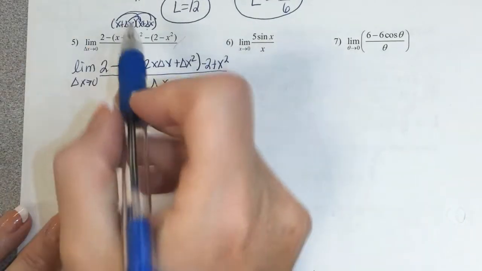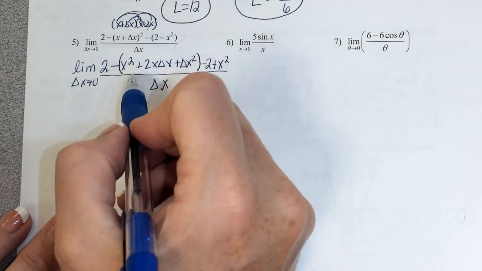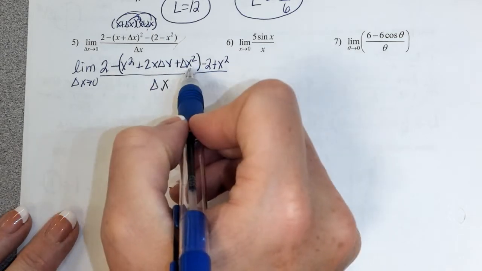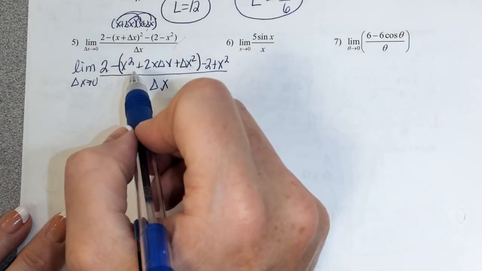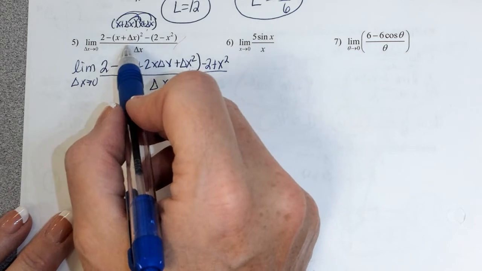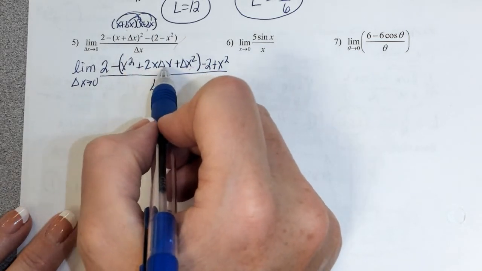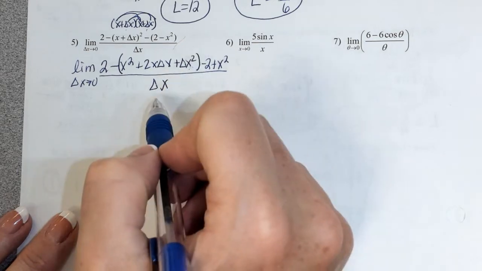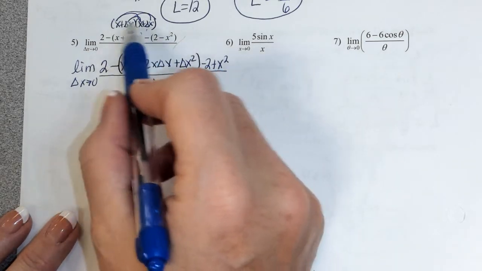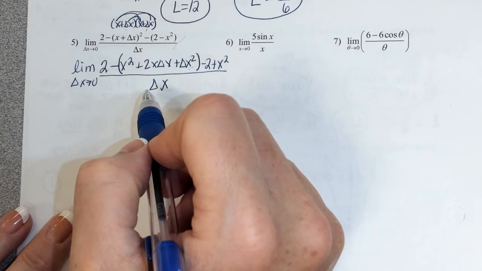Everybody with me now? All I did was I squared this out. That was equivalent to this. I have memorized that as quickly as possible because it's just always going to come up. X plus delta x quantity squared is x squared plus 2x delta x plus delta x squared. If you can memorize it, you don't have to go through and FOIL it every time.